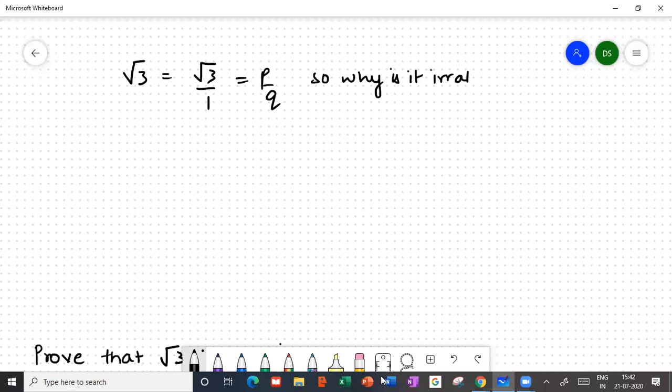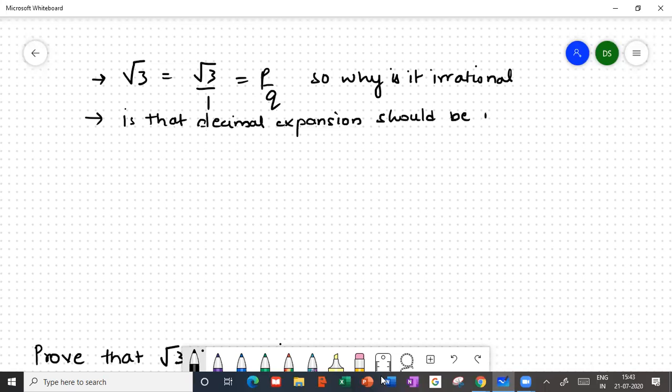I'm going to point out another thing here: the condition for an irrational number is that the decimal expansion should be non-terminating and non-recurring, isn't it?